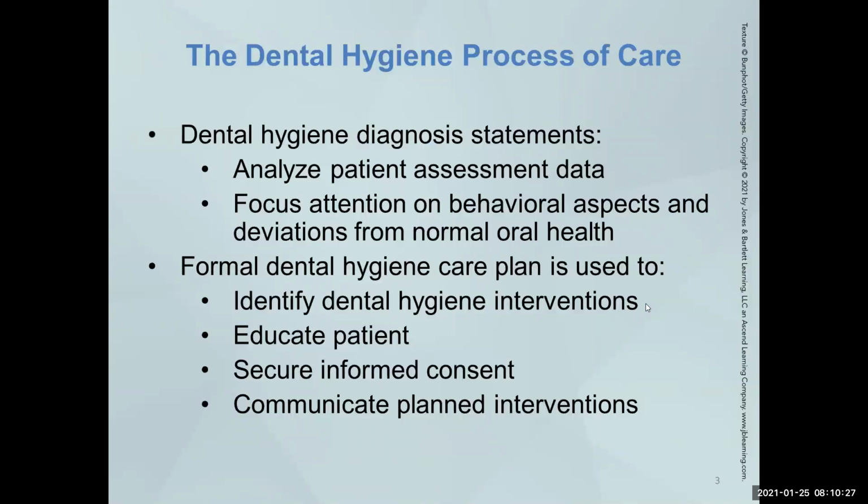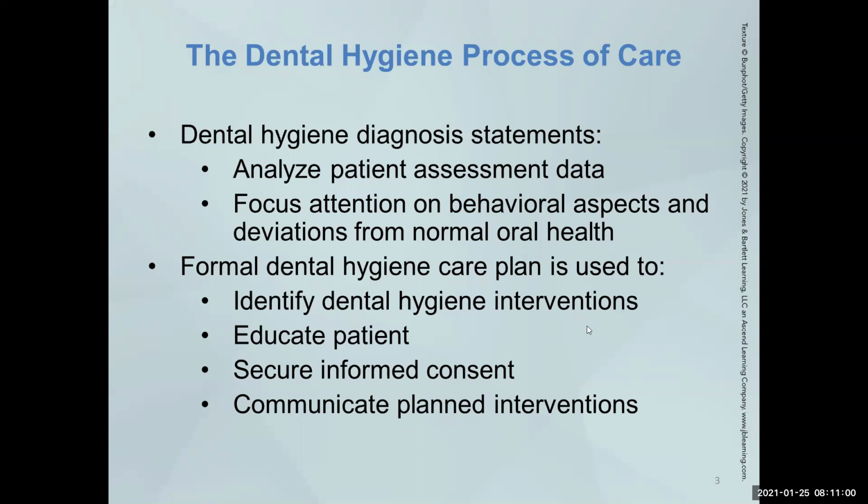So we've got the process of care, and it is a formal dental hygiene care plan. All the dental hygienists in America know this process of care. Part of that is not only to identify the dental hygiene interventions, but we're going to be educating the patient as well, depending on what the assessment data showed. Are they more caries prone?